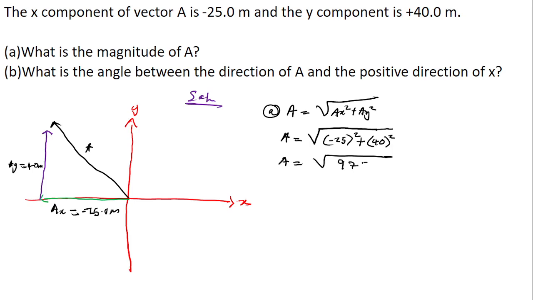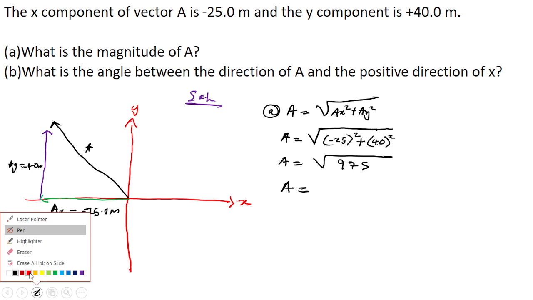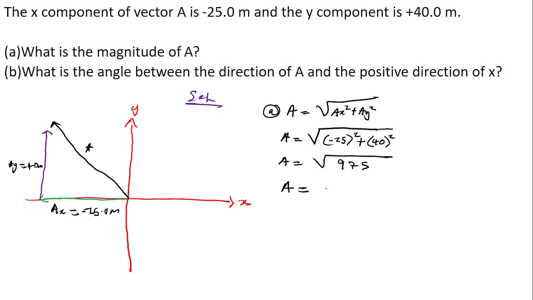And then if you do the square root of 975, what are you having? 31.2249.